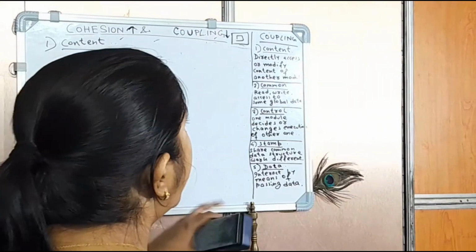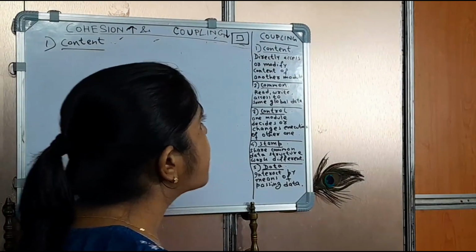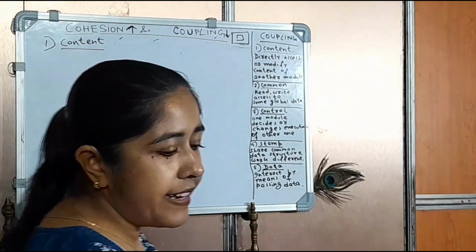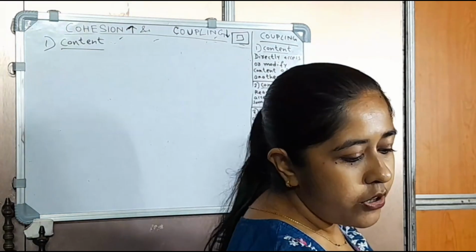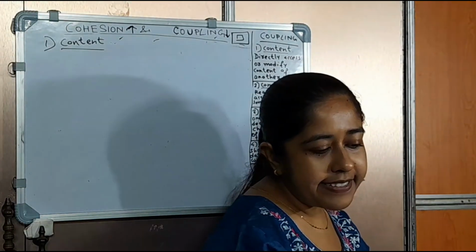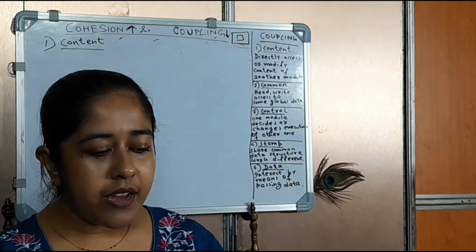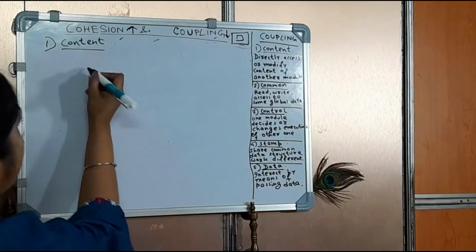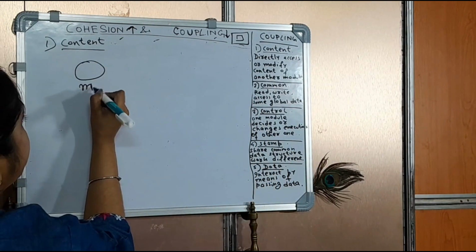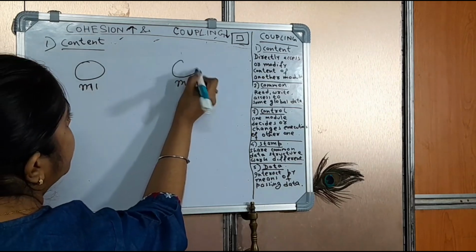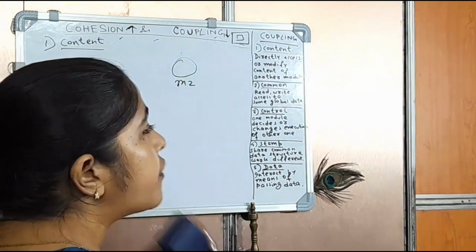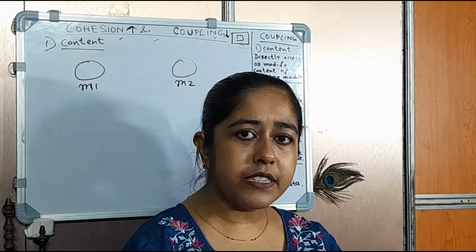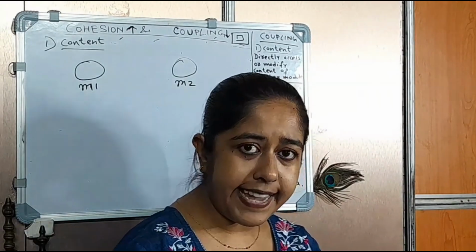Here, a module directly accesses or modifies the content of another module. That is, in a module they can directly access or refer to the content of another module. Suppose this is my module 1 and this is my module 2. How will the dependability be checked?